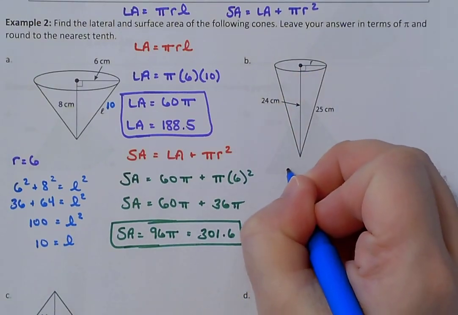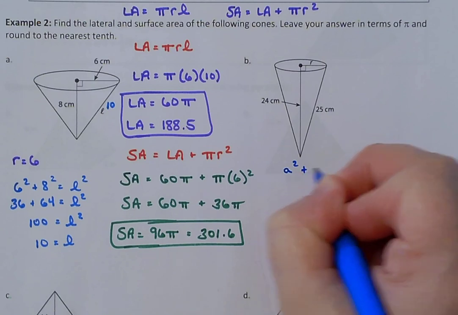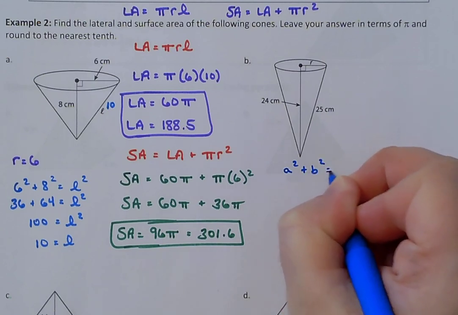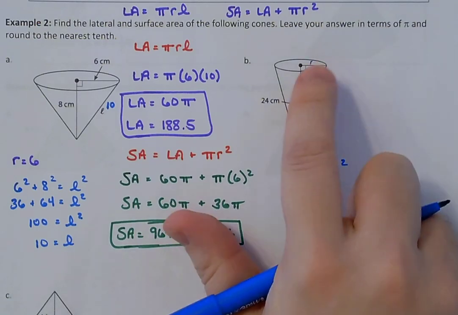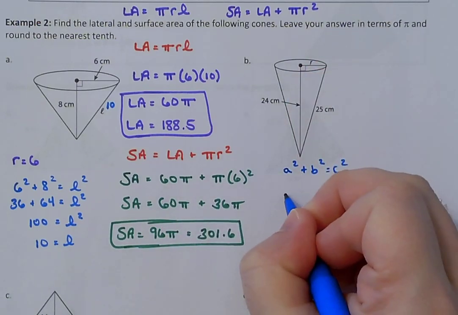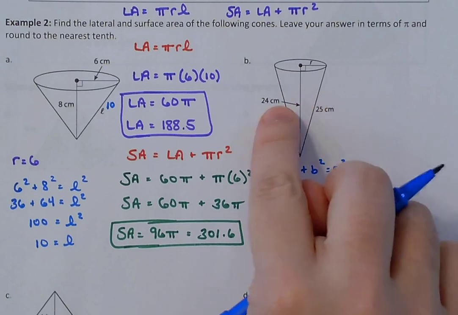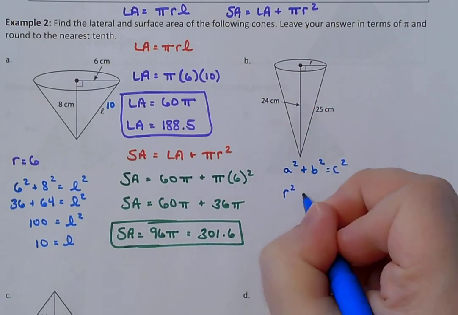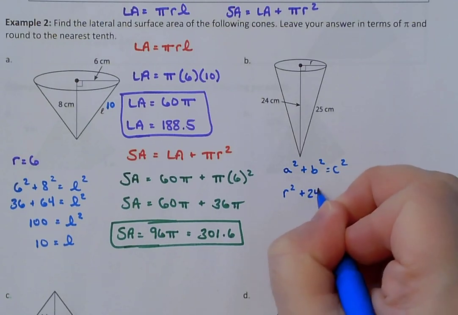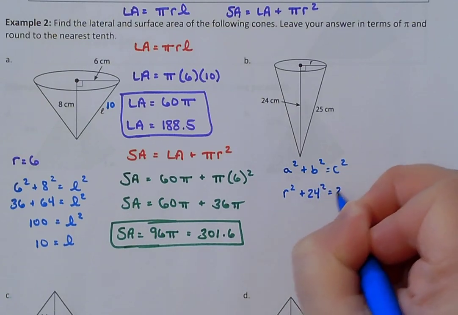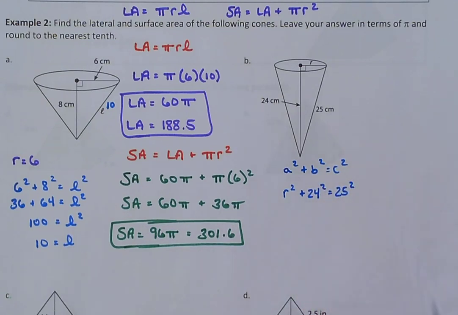So if we think a squared plus b squared equals c squared of the Pythagorean theorem, our a value is r, our b value is 24, and our c value is going to be 25. So this is r squared plus 24 squared equals 25 squared.